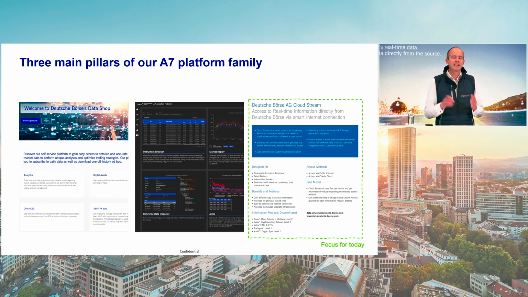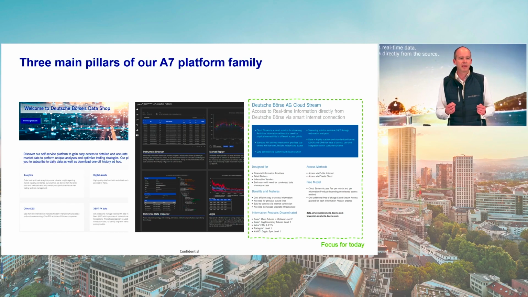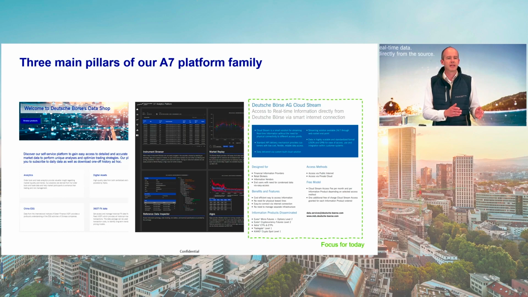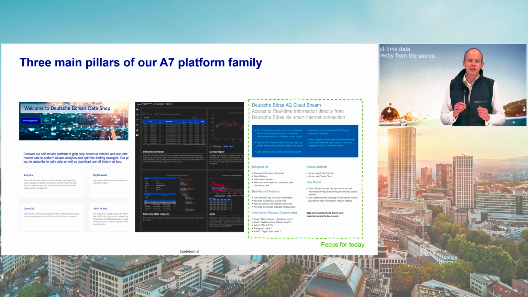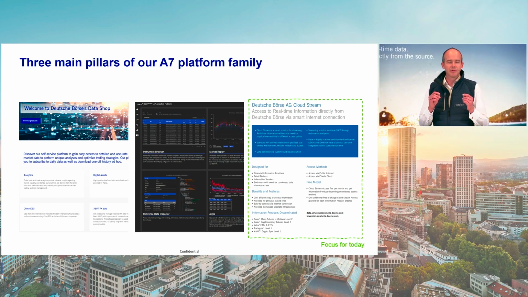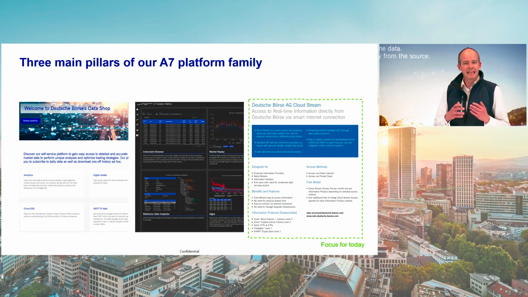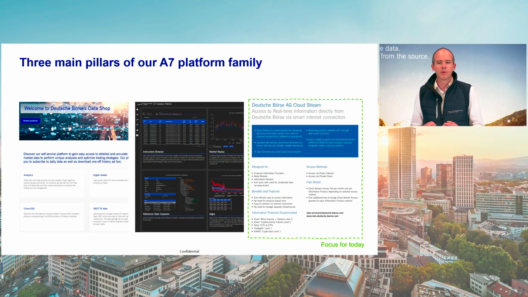Our A7 platform consists of three main pillars. The first pillar is our data shop. Yes, you can buy raw data here, but the main focus is that you can buy prepackaged data where there's data inside you don't get anywhere else. For example, we have a flows product.